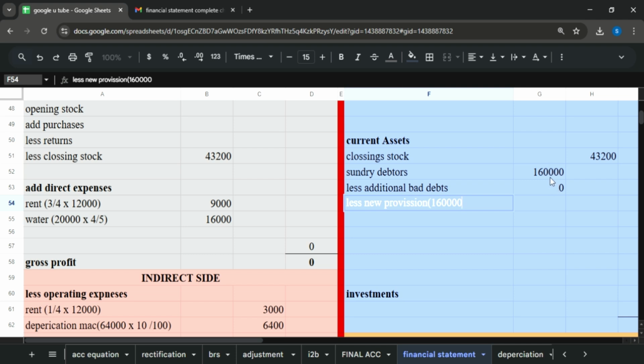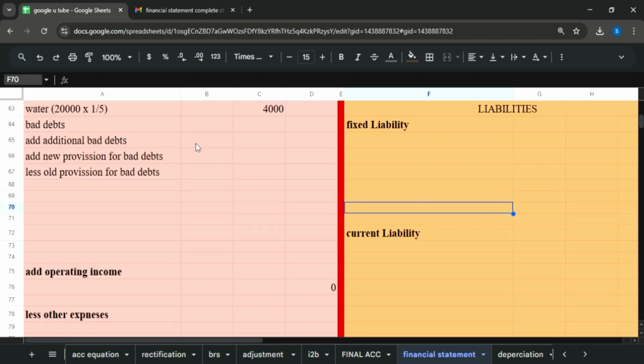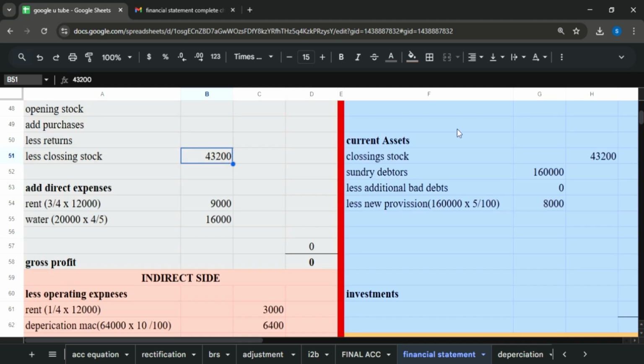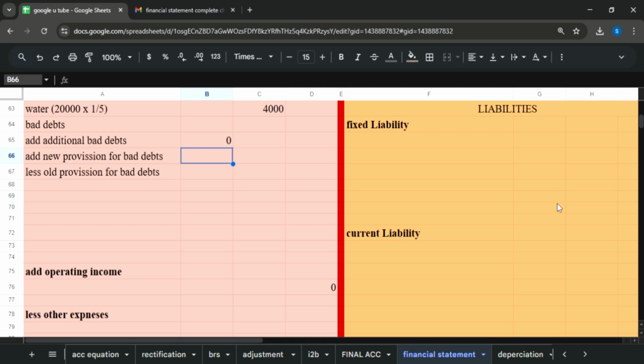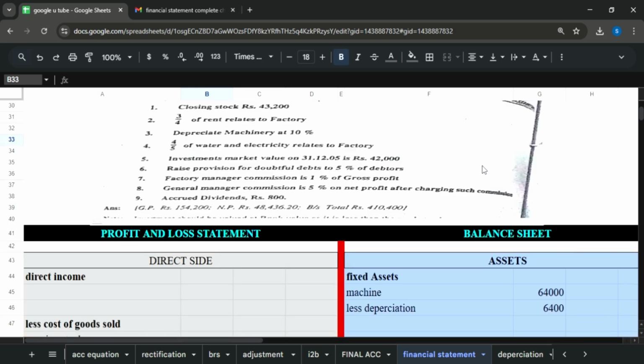You will take the same amount because there are no additional bad debts. Then you will take 5%. Here total amount of debtors 160,000, multiply by 5 divided by 100 to get your 5%. So two elements decided, there are no additional bad debts, that means 0, and new provision we have just calculated, that is 8,000. Write down the amount. It means our adjustment has been completed. Both effects for new provision for doubtful debts have been completed.